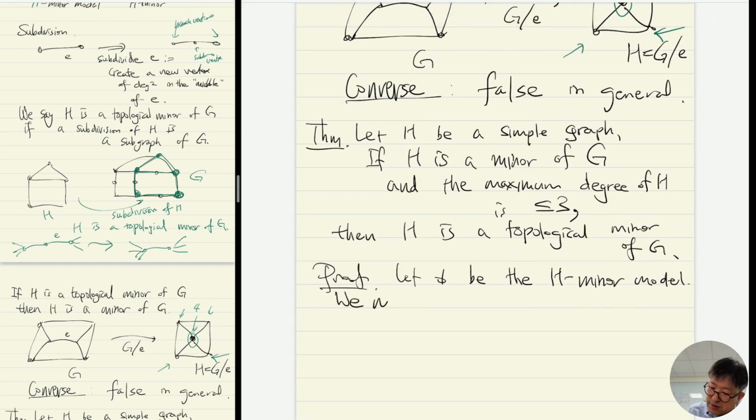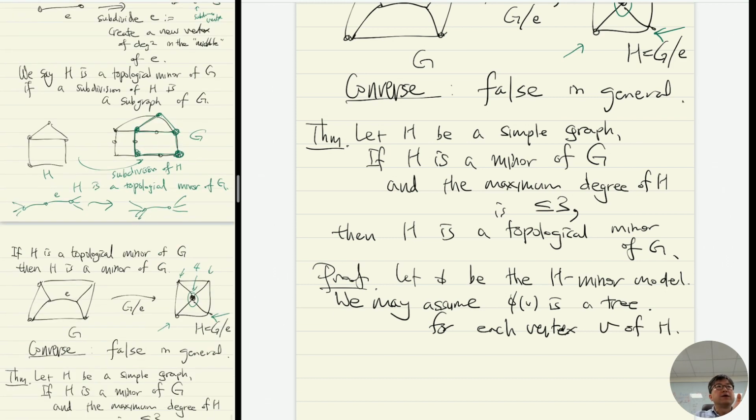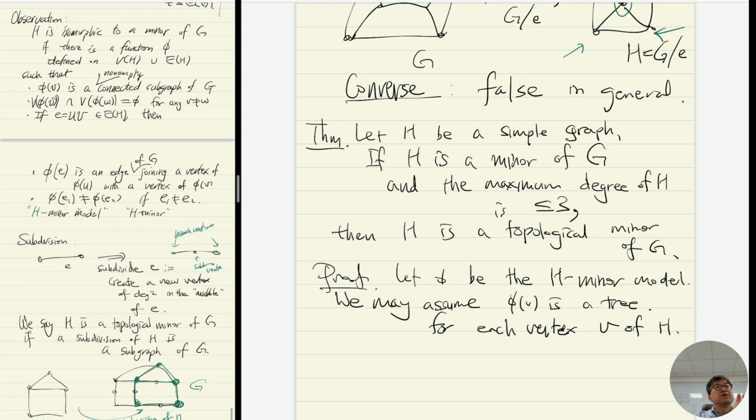We may assume phi of v is a tree for each vertex v of H, because I only care, right, let me show you the definition here, because I only care whether or not it's a connected subgraph. So whenever you have a cycle, you can delete one edge in the cycle, and the remaining is still a connected subgraph. So you keep removing edges in cycles, and in the end what you get is a tree.